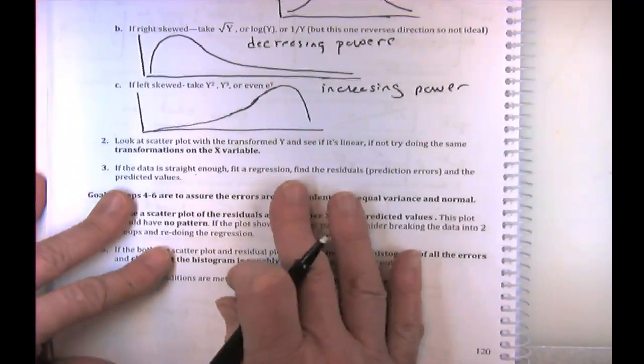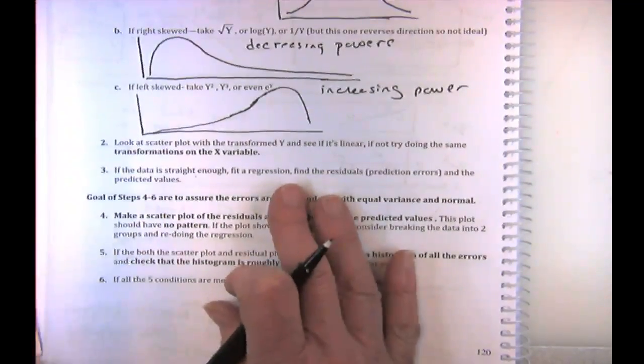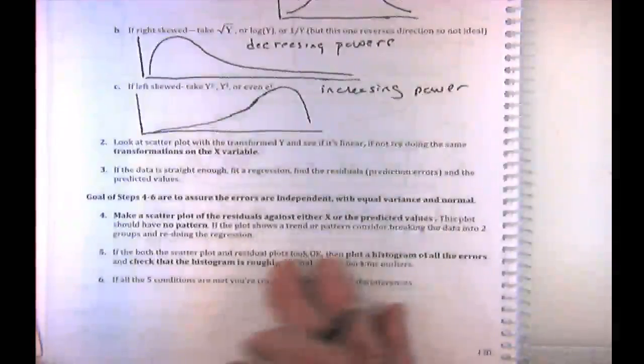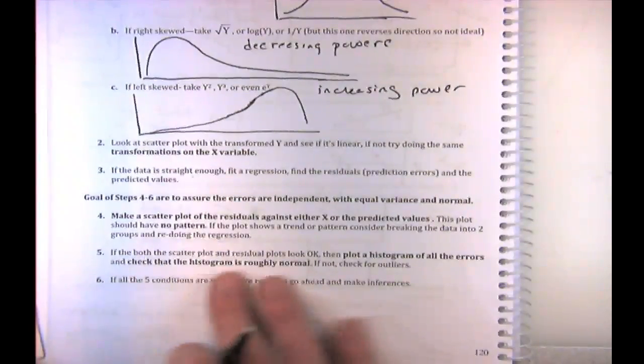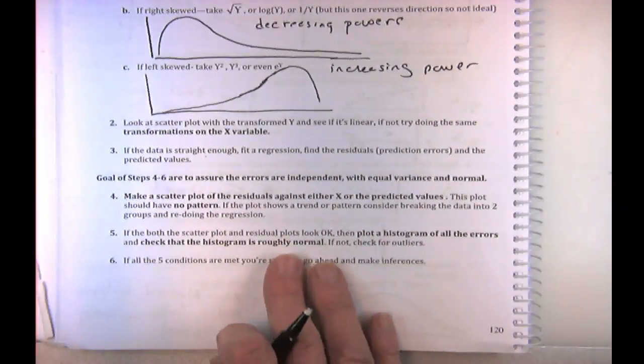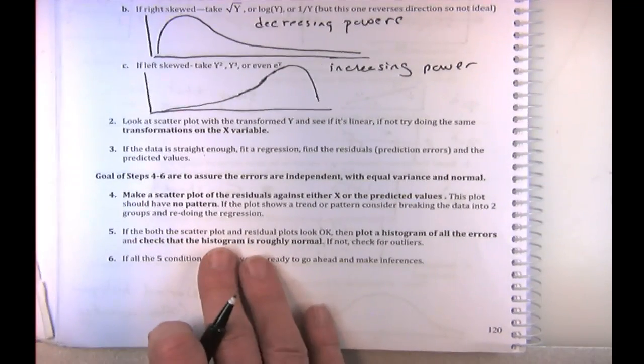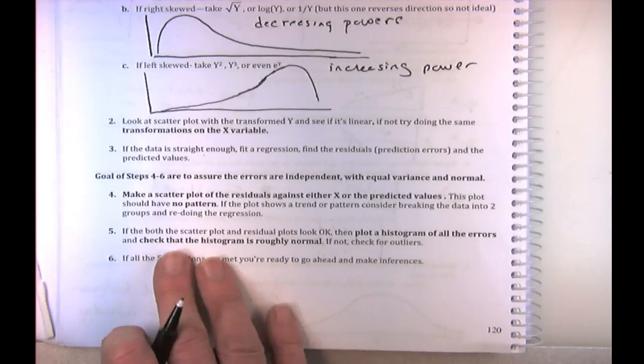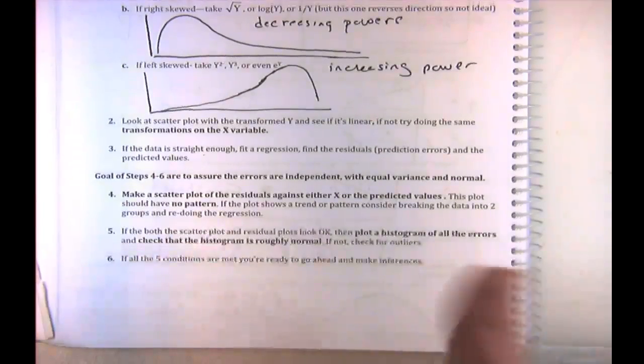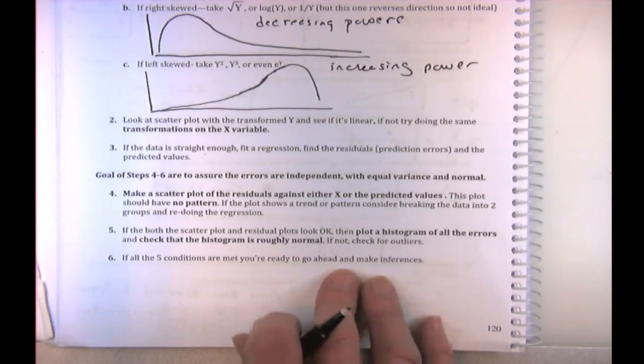And then if the data is straight enough, you fit the regression and find the residuals and check them, make the plots of the residuals, etc. And if everything looks okay and the histogram of the errors looks okay, then you can go ahead and make inferences.